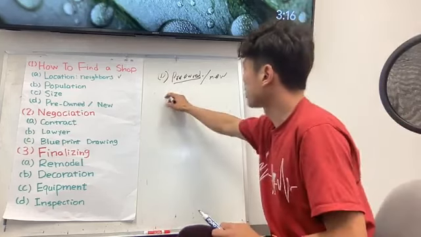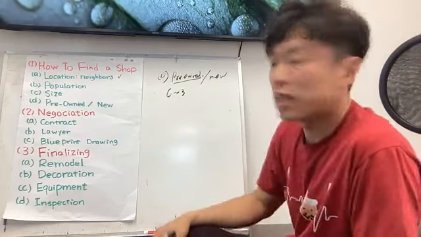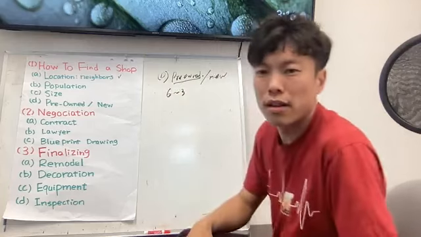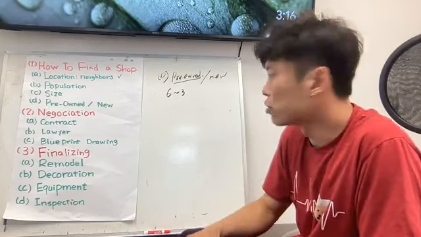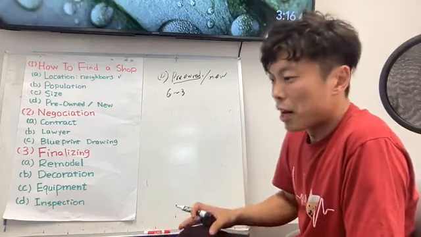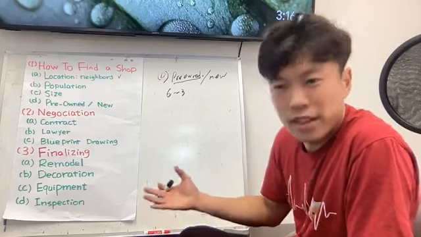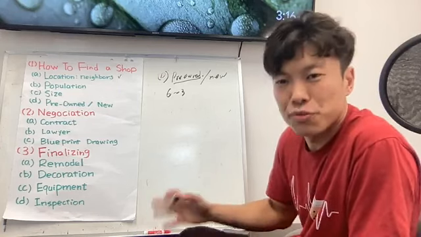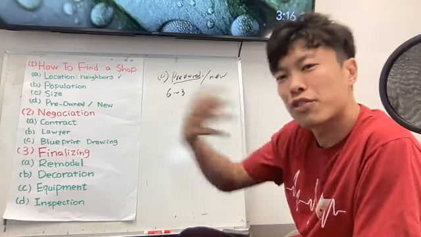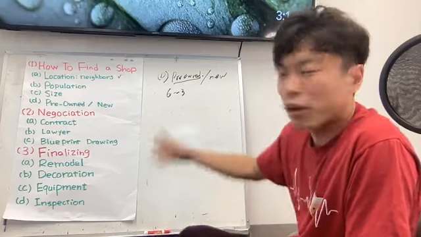I think less than 6 months or 3 months, I need to double confirm this. If less than that, even the inspection will be easy to pass. That means you can open the store in 2 months or 1 month, really fast. And also the equipment, the sink, the boiler, the hot water tank, pipe, fire, everything will be almost ready. All you have to do is redecorate a little bit, remodel a little bit, not too much, and then you can run the shop. So pre-owned is definitely good.